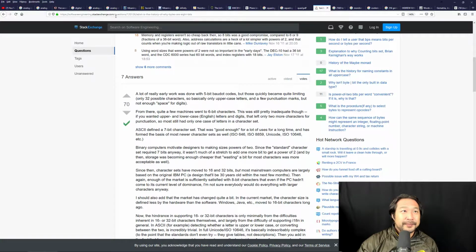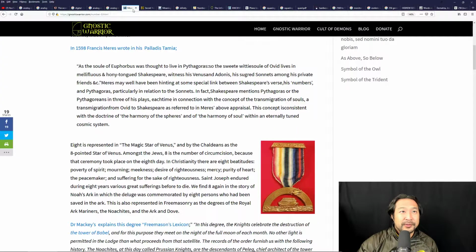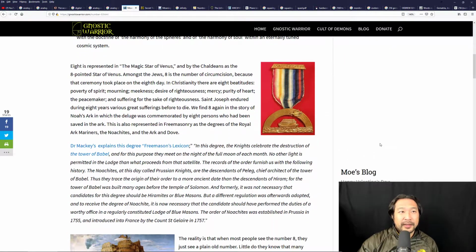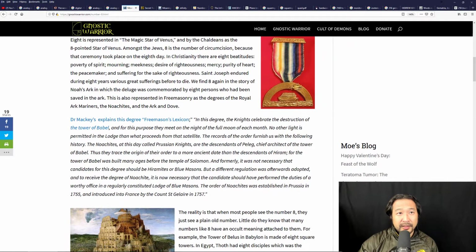All right, so let's go back to the meanings. Here, 8 is represented in the magic star of Venus, and by the Chaldeans as the 8-pointed star of Venus. Among the Jews, 8 is the number of circumcision because that ceremony took place on the 8th day.